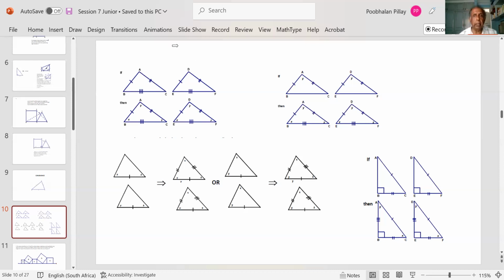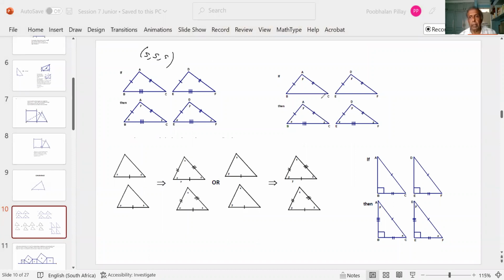And it's normally written as SSS, right, in an abbreviated form. Now here, you have 2 sides. You notice nothing is said about the third side, but you know this equals that, that equals that. But you've got these 2 angles are equal.